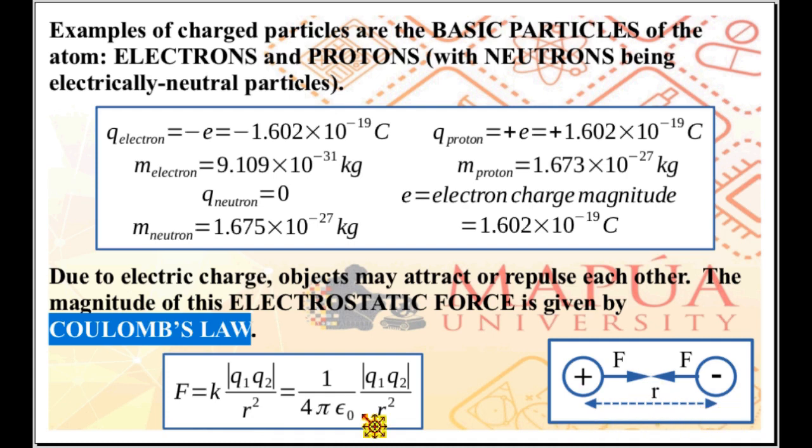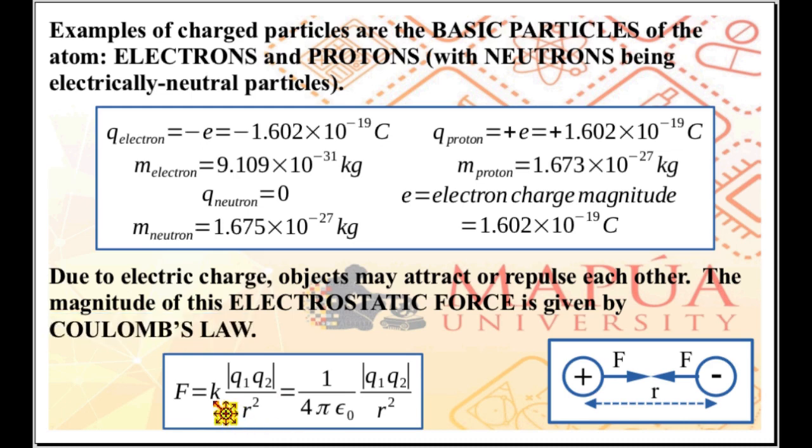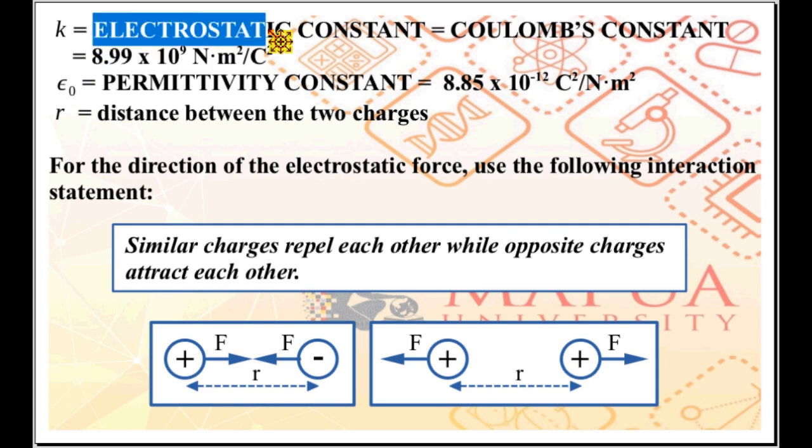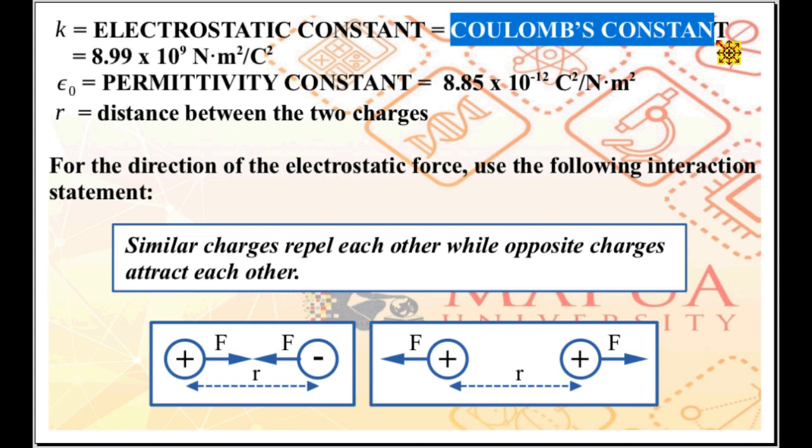And note that r in the equation is squared. k is a constant referred to as the electrostatic constant or Coulomb's constant. It is equal to 8.99 times 10 to the 9th power Newton meter squared per Coulomb squared.